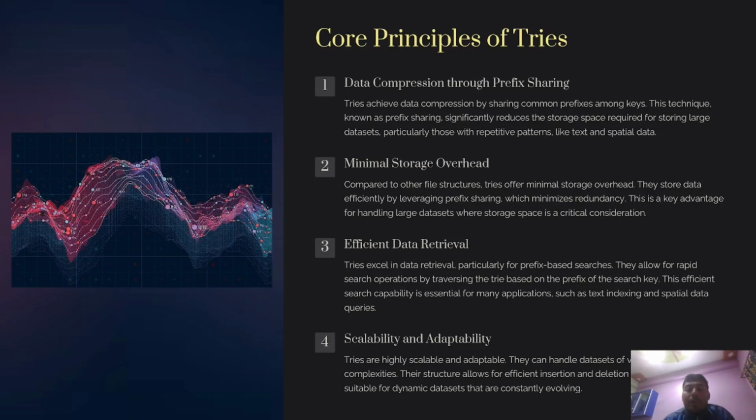Third, efficient data retrieval. They excel in prefix-based search, making them ideal for tasks such as text indexing and similar queries. Finally, scalability and adaptability. Whether for small or large data sets, tries can scale efficiently, making them suitable for evolving data systems.